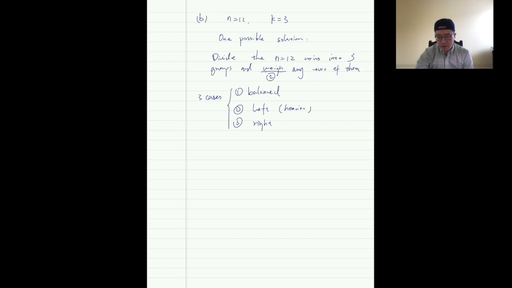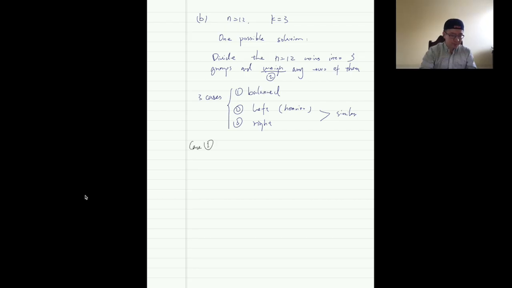Okay, and so for the case that left is heavier and right is heavier, they're pretty similar, right? So we'll just illustrate one solution, I mean the second one, and then we're going to see the right one similarly, right? Or you can design that similarly. Okay, and so let's see the first one, right? Let's see case 1, right?